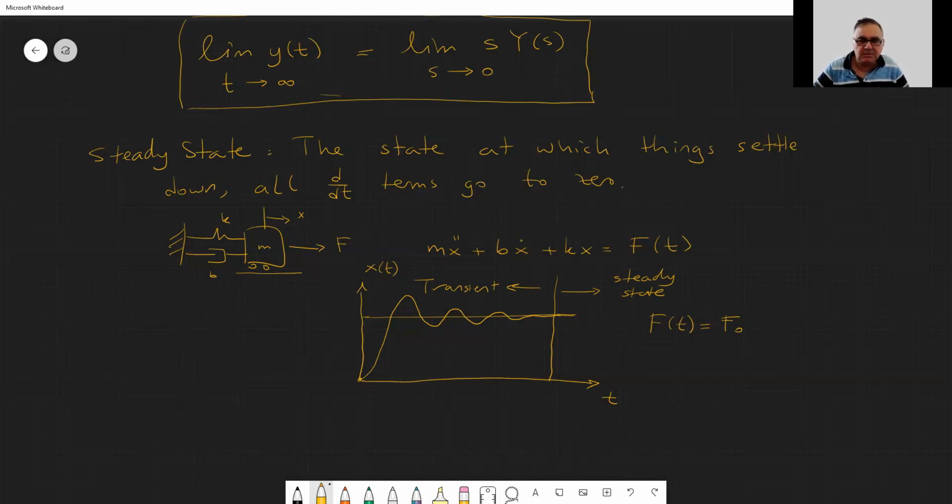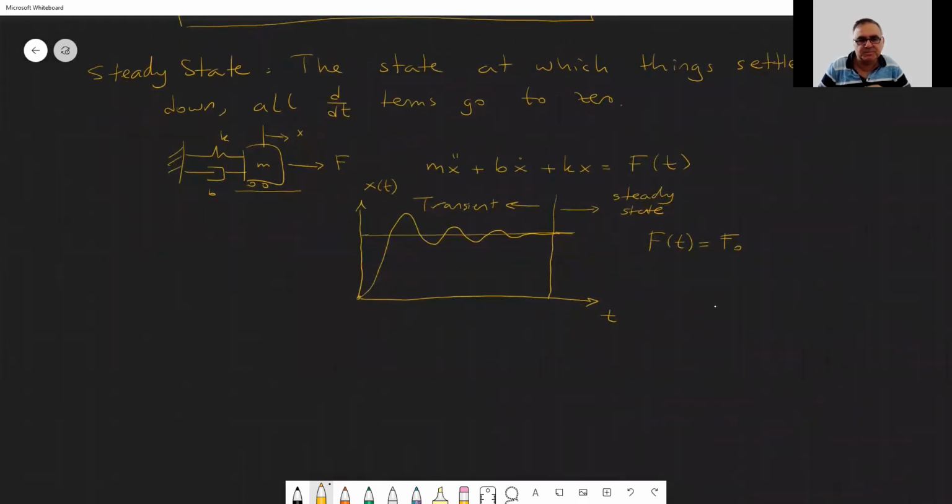Now, as you see, in the steady state value, you have the time derivative. The first and second time derivatives are 0.